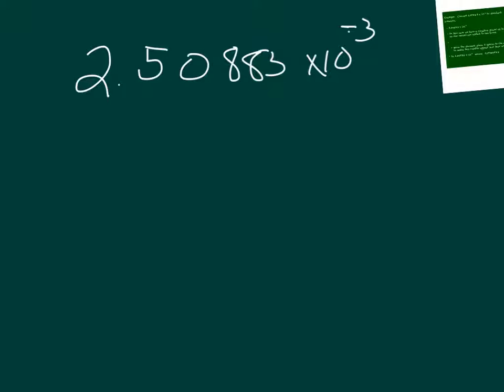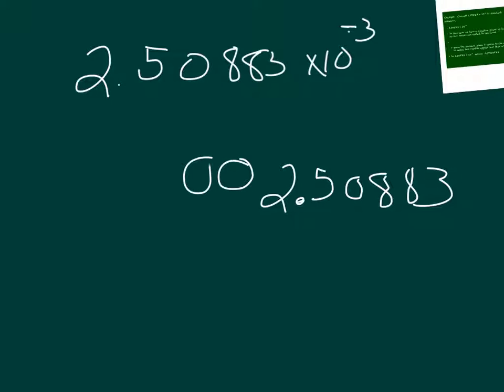And in this case, because I'm dealing with a small number, I'm now going to place some zeros in front of it. Here's the original decimal place. I'm going to place a couple zeros in front of my 2. The bigger the negative power, the more zeros I'm going to add so that I have the spaces to do so. I need to move my decimal place 3 spots now.